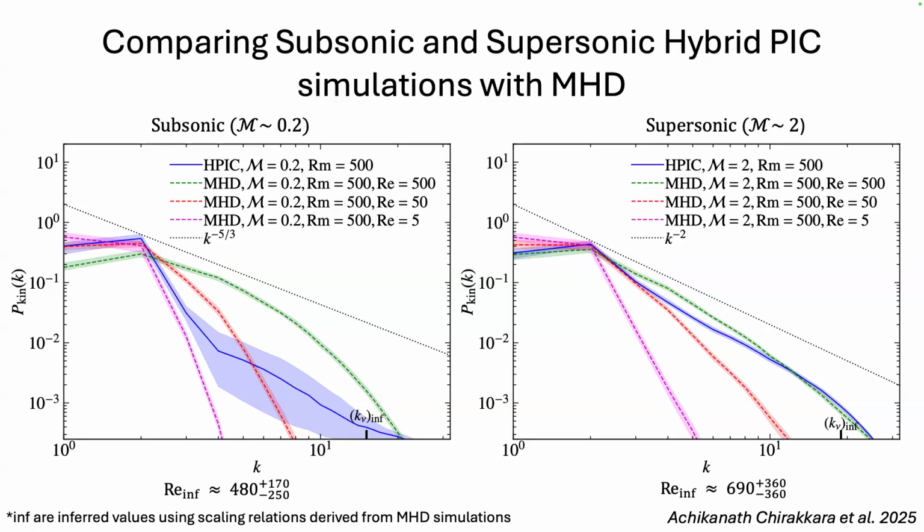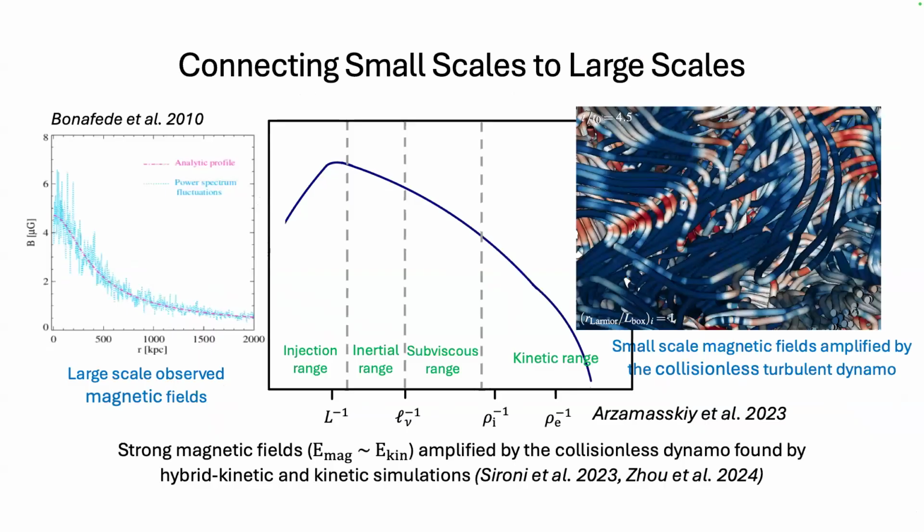Okay. Then I will not talk much more about this, except that we did some work on trying to understand how all of this compares to MHD. All of this is on extremely large scales, hundreds of kiloparsecs and megaparsecs.